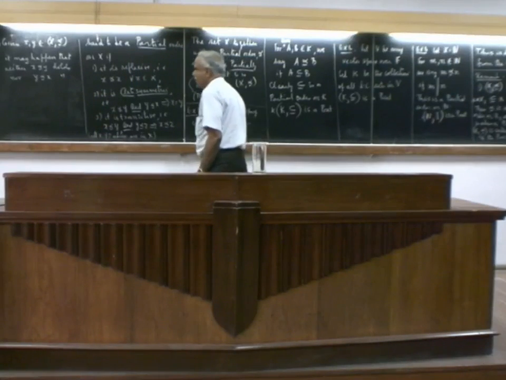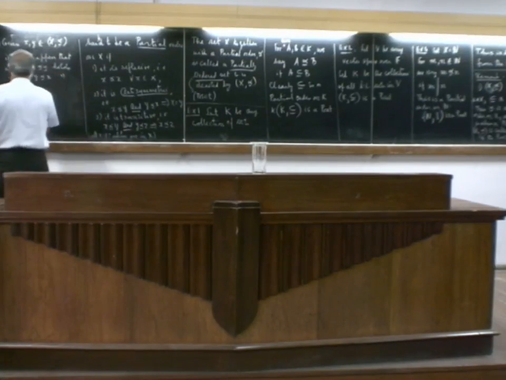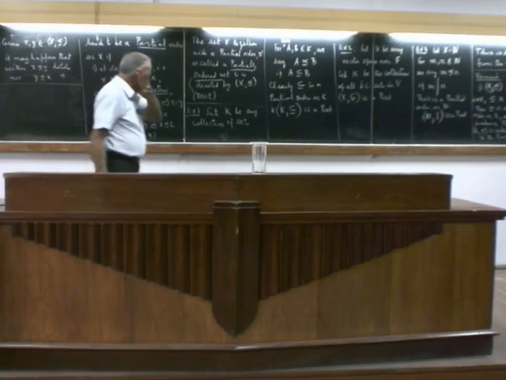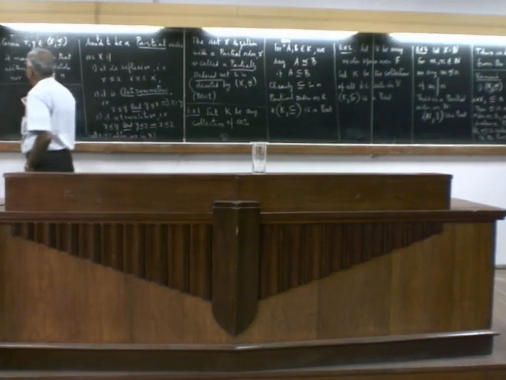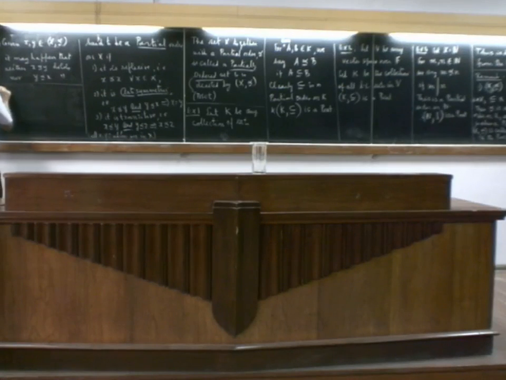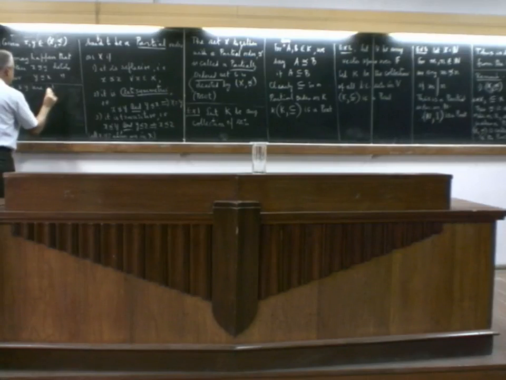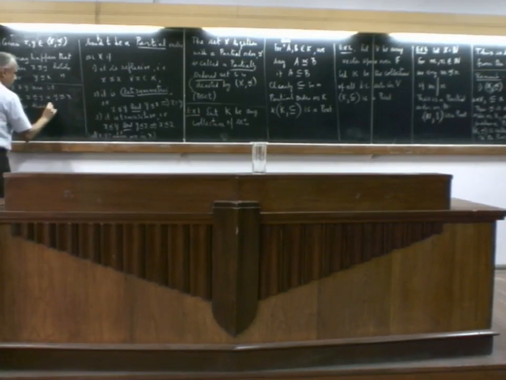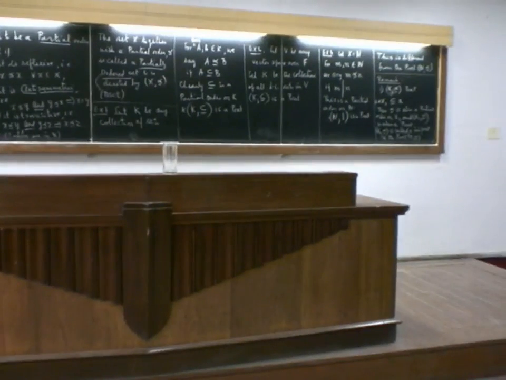That is all. If x and y are such that either x is related to y or y is related to x happens, then we say x and y are comparable.